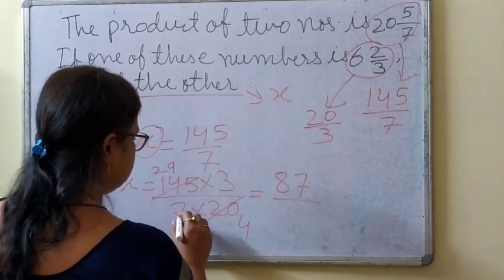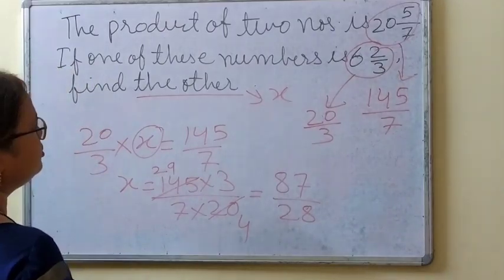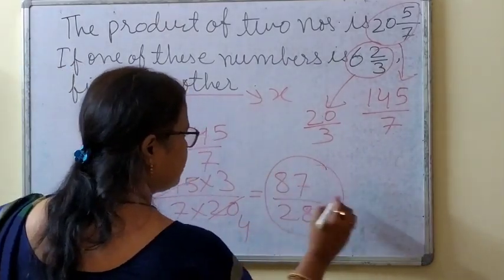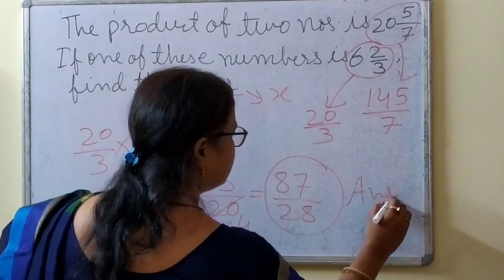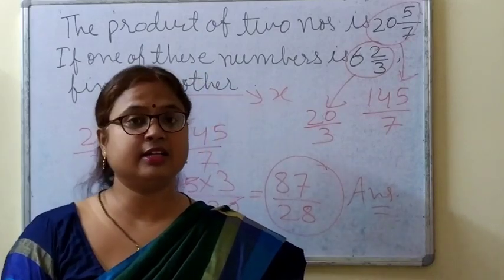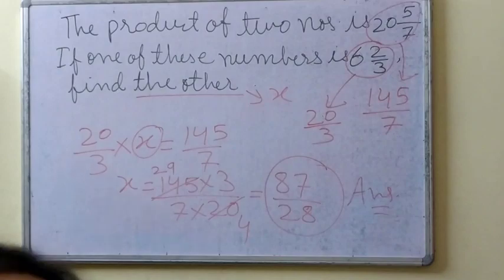Then here 7 4s are 28. Clear? So the other number will be 87 by 28. This will be the answer. You can divide and then you can write the answer in the form of a fraction. Now let's do the next question.